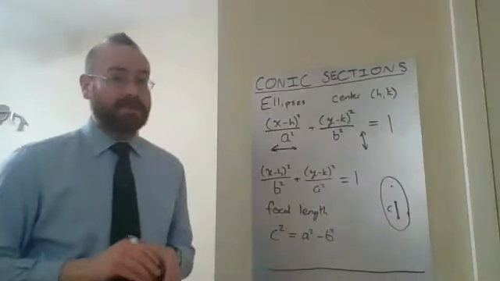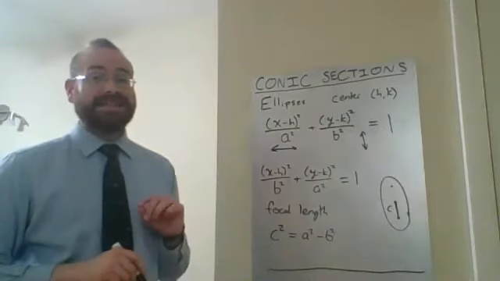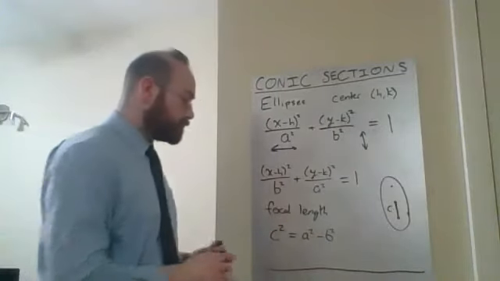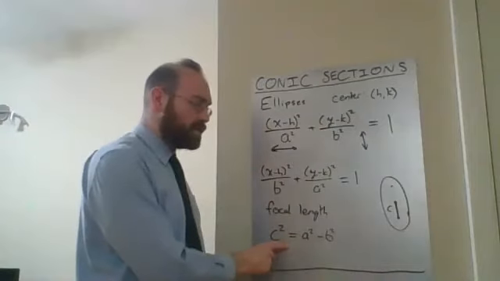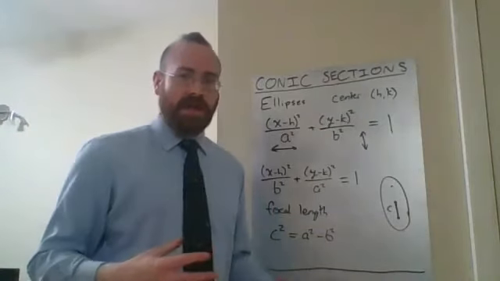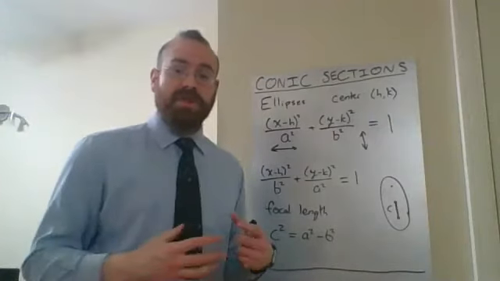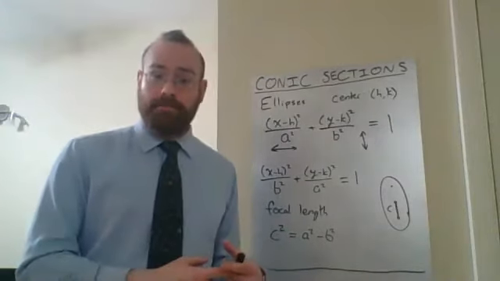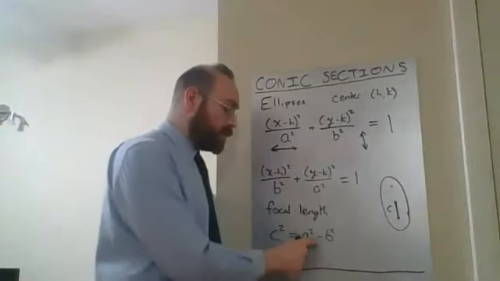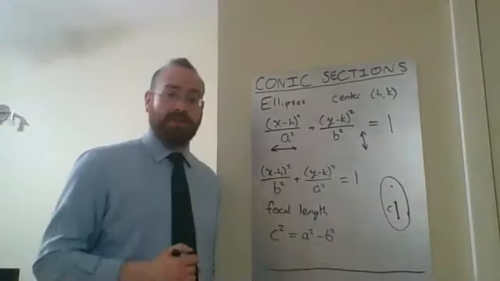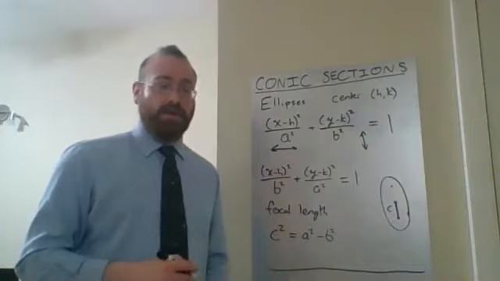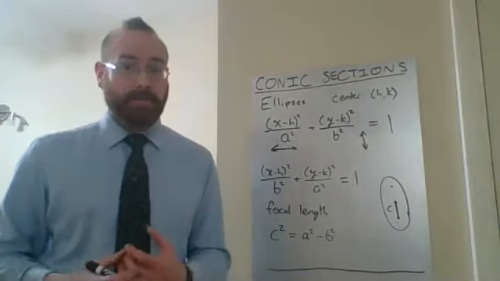This sounds a lot like the Pythagorean theorem, but it is not. We know that, because the foci are inside the ellipse, C needs to be smaller than A. And we know that A is always bigger than B. We also know we can't have a square root of a negative number.